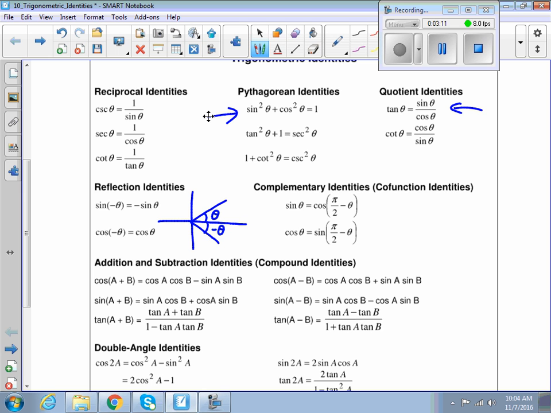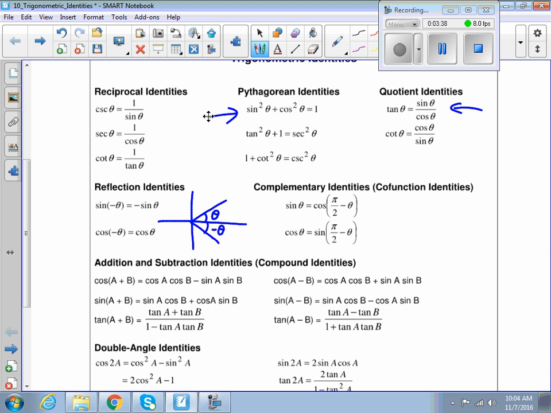If you're dealing with theta, x is positive, and for angle negative theta, x is still positive, so their value is going to be the same. However, for sine, because it's y over r, if you're dealing with angle theta, y is positive, but for angle negative theta, y is negative. So that's why sine of negative theta is negative sine theta. So some of these identities are just common sense.